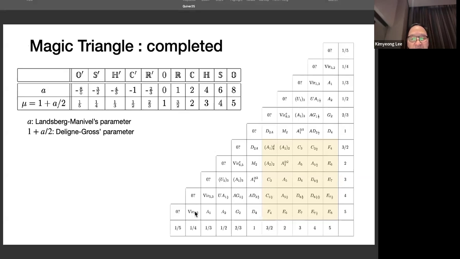Virasoro algebra 5,2, which is Lee-Yang theory, Virasoro algebra 5,3, and U(1) level 3, then Virasoro 6,5, this is a three-state Potts model, and D_A theory, which is the reduced theory of the product of the Ising and tricritical Ising models.